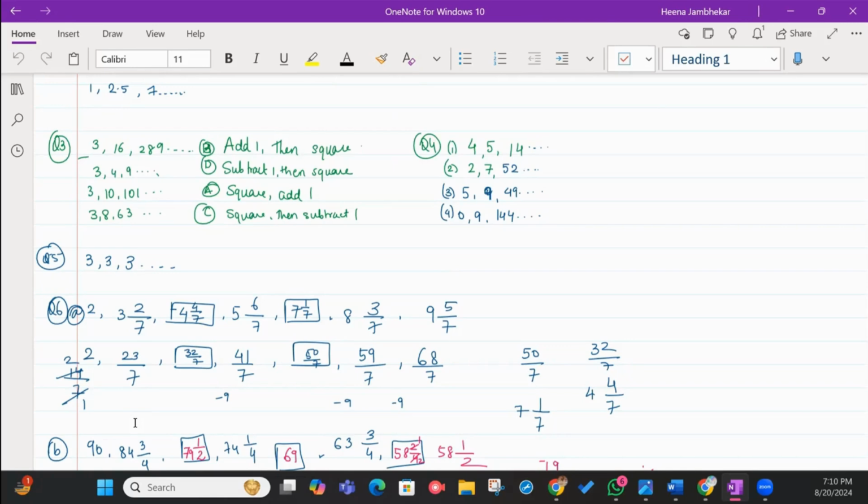Did you understand this? To find the first term, you have to subtract it, right? You understood. So when you go ahead, you have to add 9 by 7. Chalo, do this. You get 32 upon 7. 32 upon 7 as a mixed number would be. Don't give him answers. You calculate and show how.